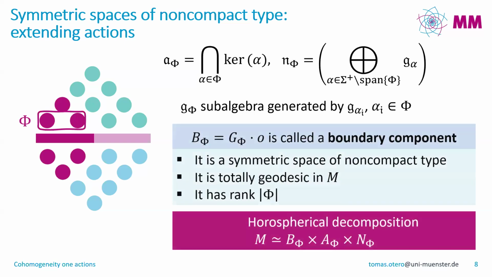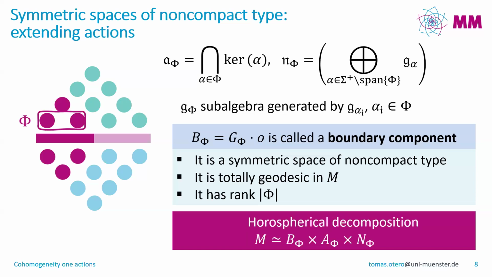And in fact, if you take the corresponding subgroup of G and you take the orbit through the origin, you see that the orbit is a totally geodesic submanifold of M, which is itself a symmetric space. It has rank the number of roots in this subset, and actually G phi is the isometry Lie algebra of this smaller symmetric space, which is called a boundary component.